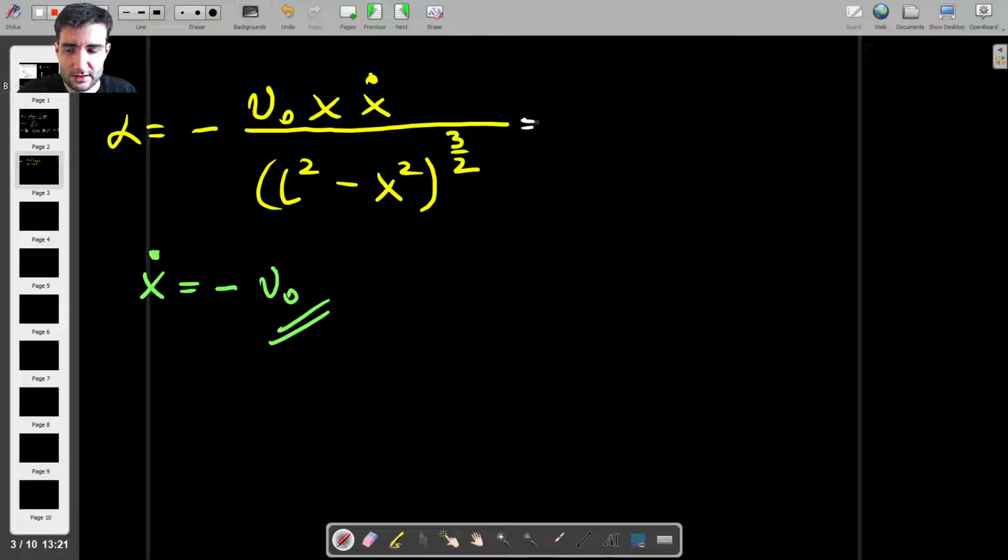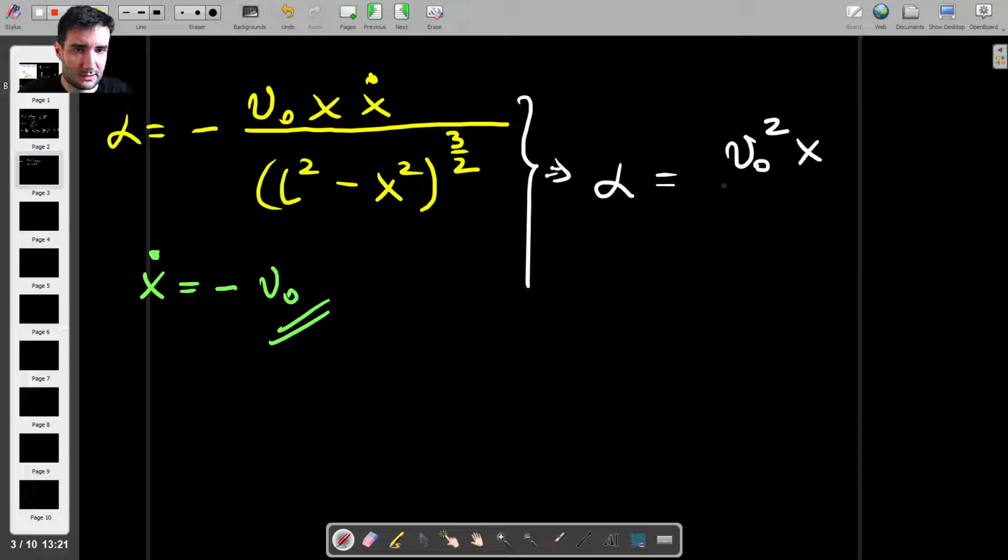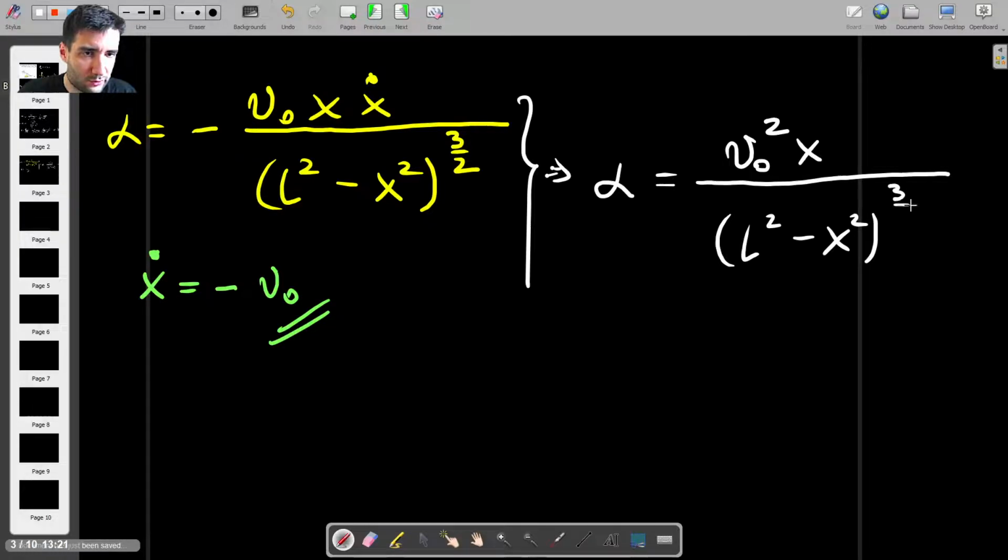So finally, from those two, we get our final expression for alpha, which is V naught squared times x divided by L squared minus X squared to the power 3 over 2. Of course, there's no minus anymore because this minus and this minus canceled out.